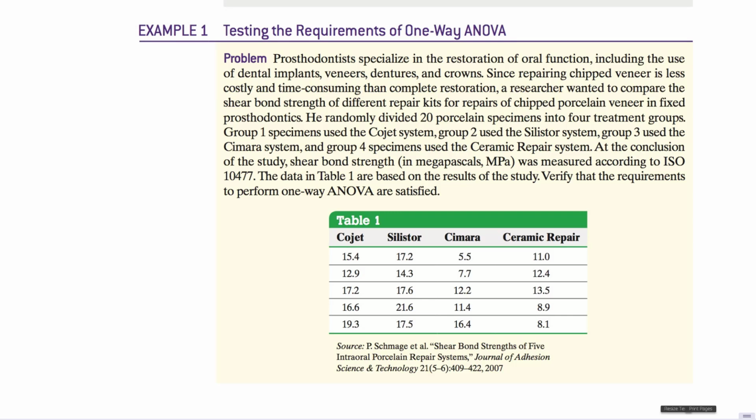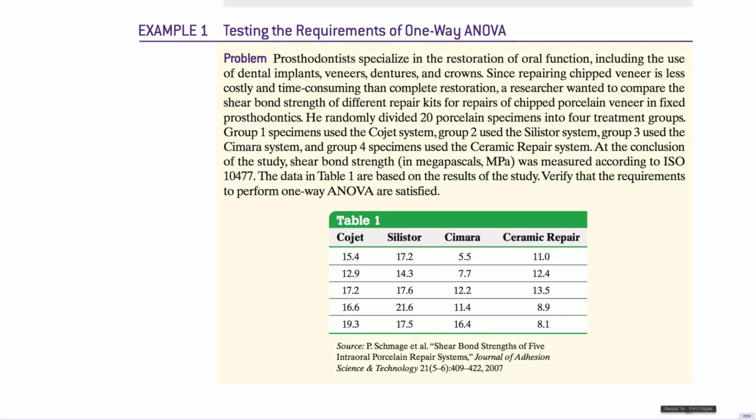In any case, let's see what the problem says. Prosthodontists specialize in the restoration of oral function, including the use of dental implants, veneers, dentures, and crowns. Since repairing chipped veneer is less costly and time-consuming than complete restoration, a researcher wanted to compare the shear bond strength of different repair kits for repairs of a chipped porcelain veneer in fixed prosthodontics.